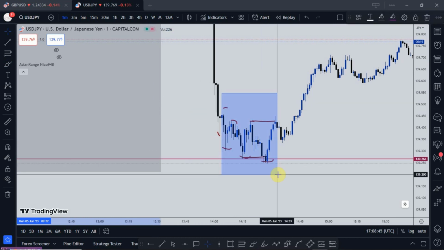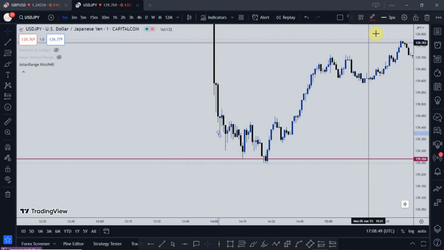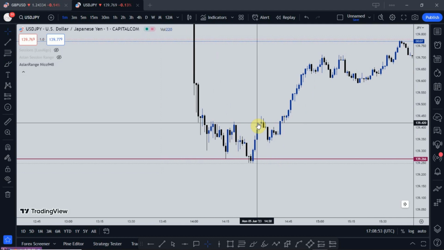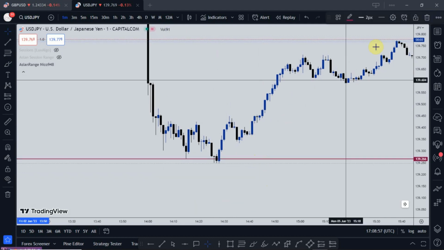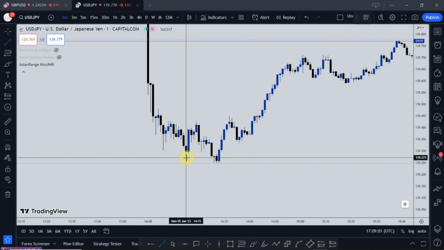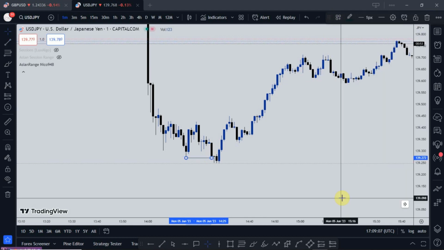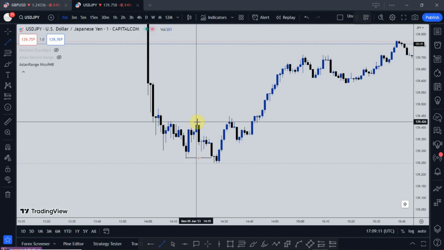Let me take everything off here. We have this low taken, which I'm going to mark as X per the strategy, and then this high has been taken.